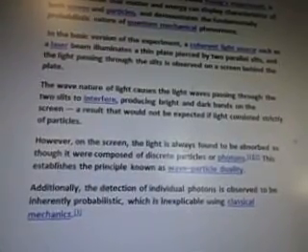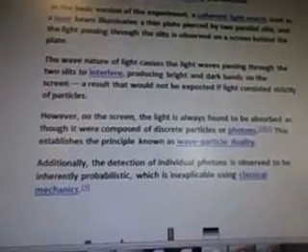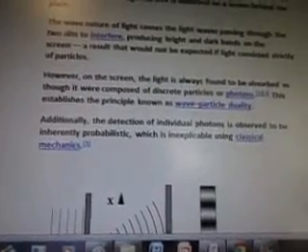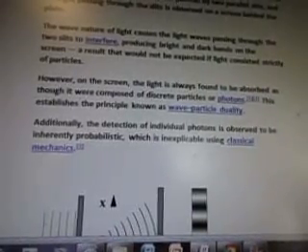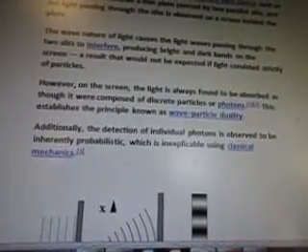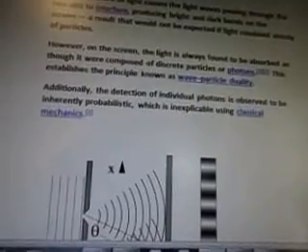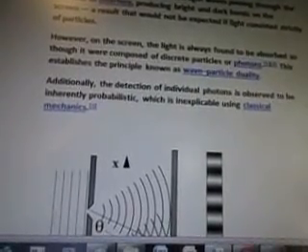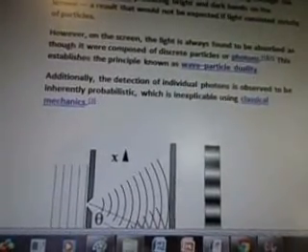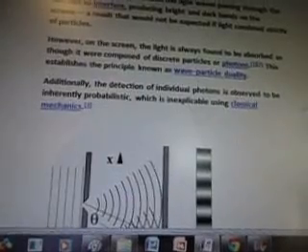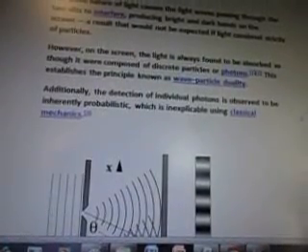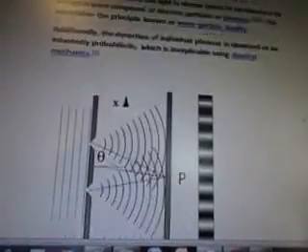The wave nature of light causes the light waves passing through the 2 slits to interfere, producing bright and dark bands on the screen, a result that would not be expected if light consisted strictly of particles. However, on the screen, the light is always found to be absorbed as though it were composed of discrete particles or photons. This establishes the principle known as wave-particle duality. Additionally, the detection of individual photons is observed to be inherently probabilistic, which is inexplicable using classical mechanics.